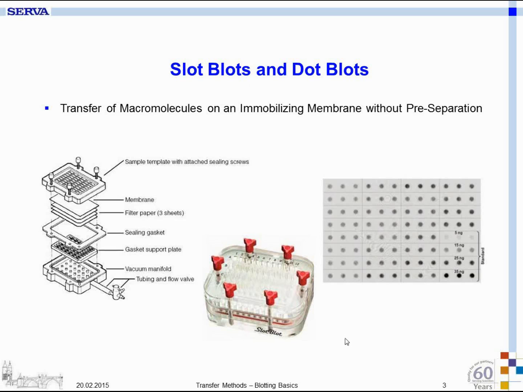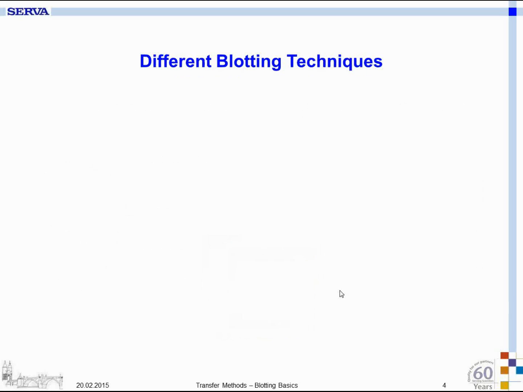But mostly, as I said, we are using electrophoretic separation. And there, all this started in the year 1975 with the so-called Southern blotting. That was a method introduced by Ed Southern, a DNA transfer from agarose gels after separation onto nitrocellulose membranes for hybridization.